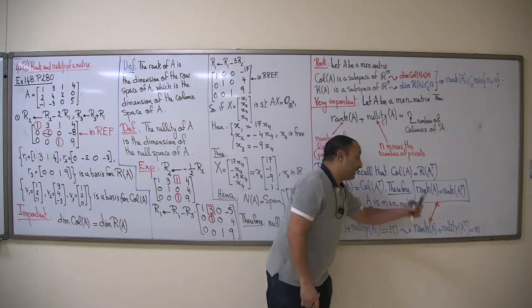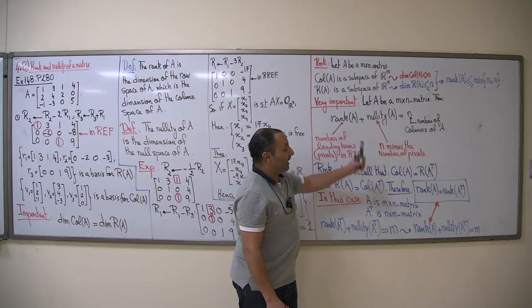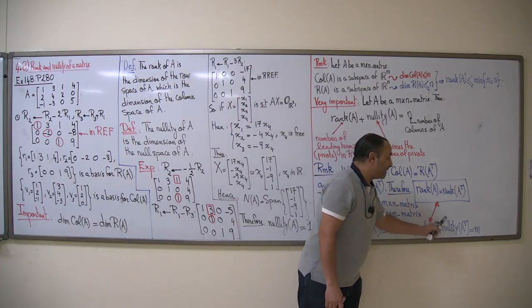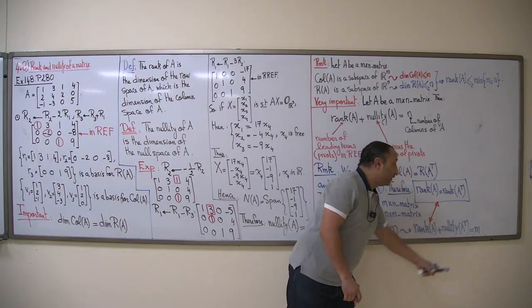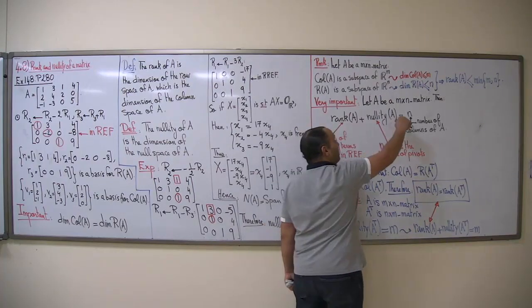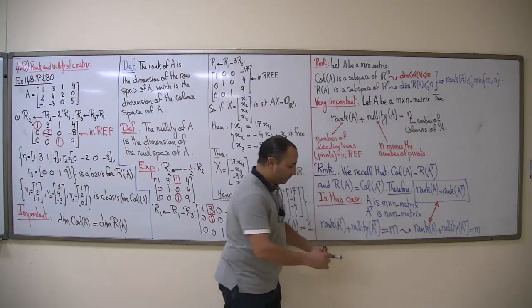And then you obtain another equality similar to here. It's rank of A plus nullity of A transpose equal to M. Please don't mess up M and N here.